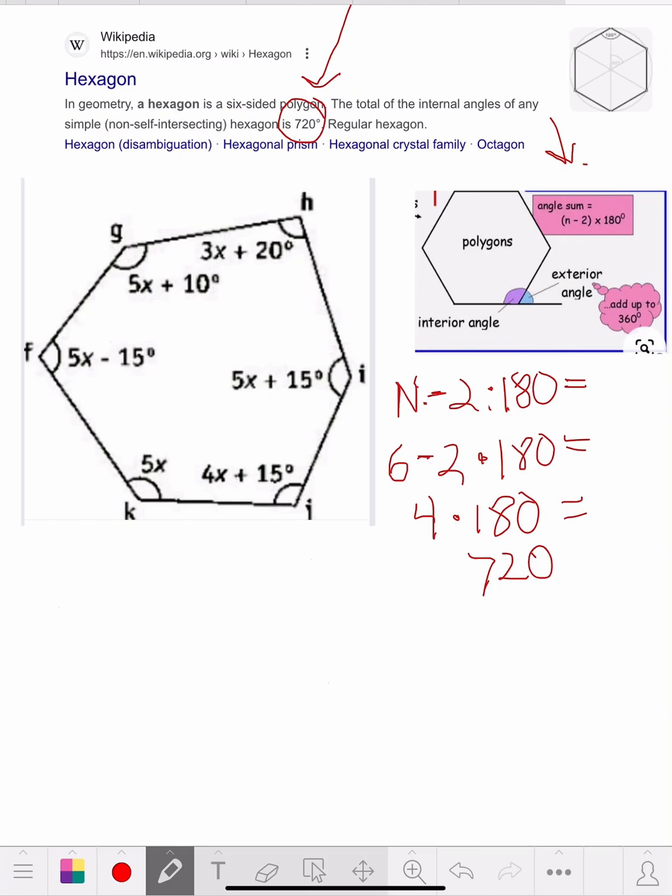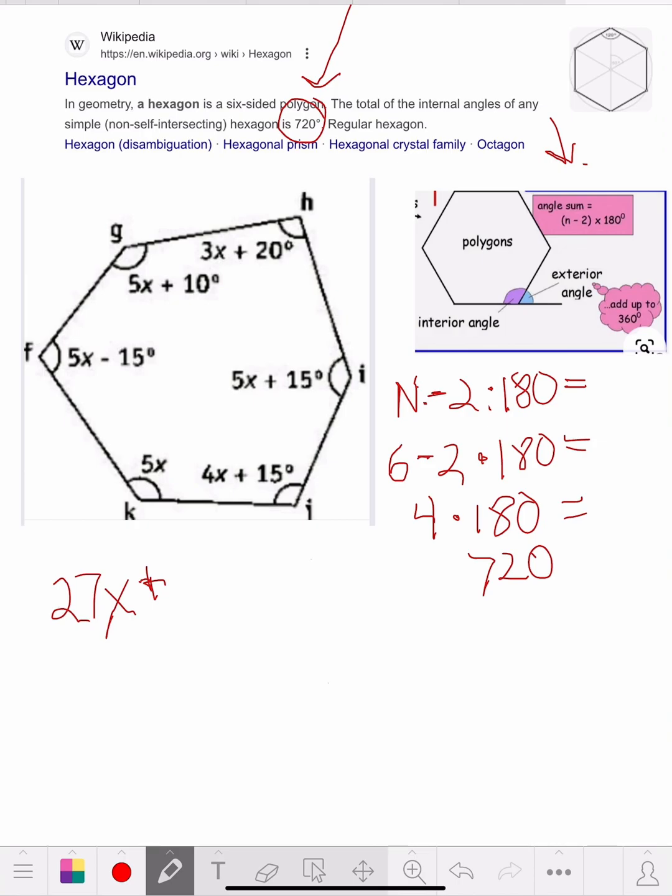So we've got 3x plus 5x is 8x, plus 4x is 12x, plus 5x is 17x, plus 5x is 22x, plus another 5x is 27x. So we've got 27x. Now, plus, we know this is going to be positive, even though I can see a negative in there, because most of them are positives.